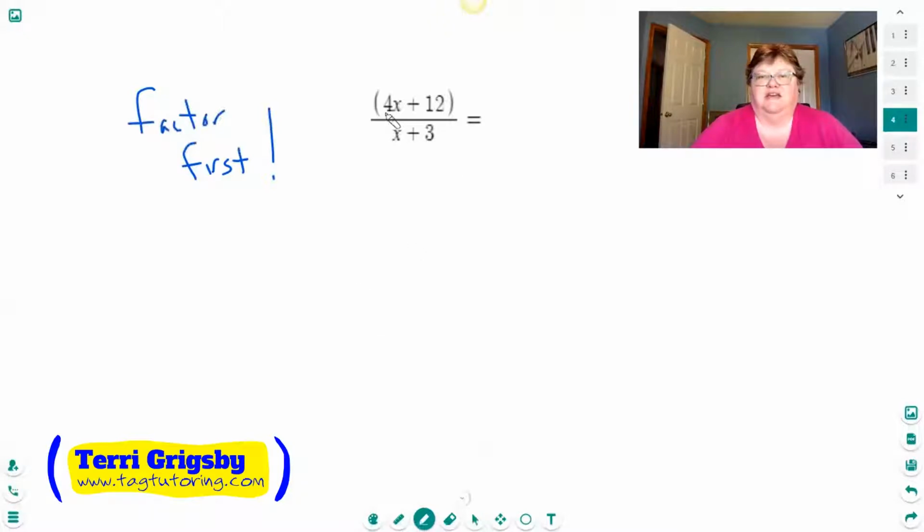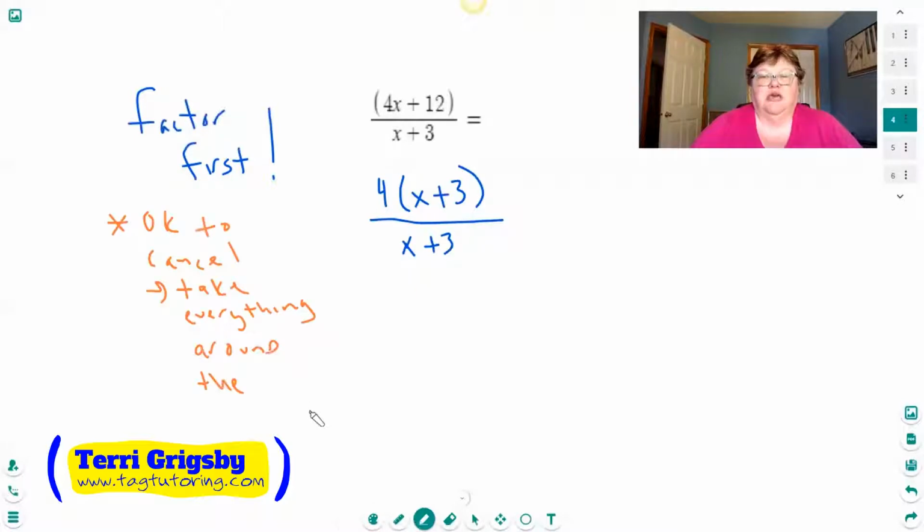So in this case, I'm going to factor out the 4 that's on top. So I'll get a 4, and then it would be x plus 3 left. And then I'm going to double check that. 4 times x gives me 4x. 4 times 3 gives me 12. So it looks right. And then on the bottom, I still have an x plus 3. So it's okay to cancel as long as you take everything around the plus sign, okay?